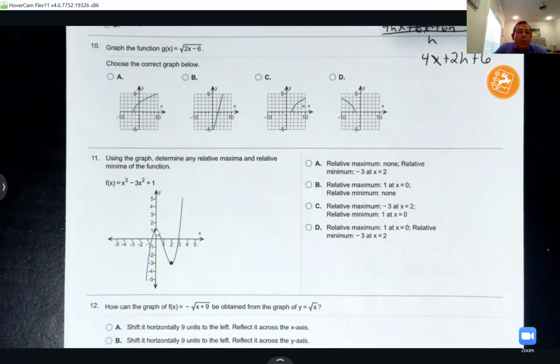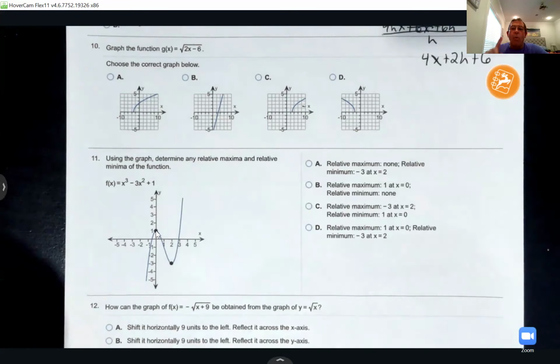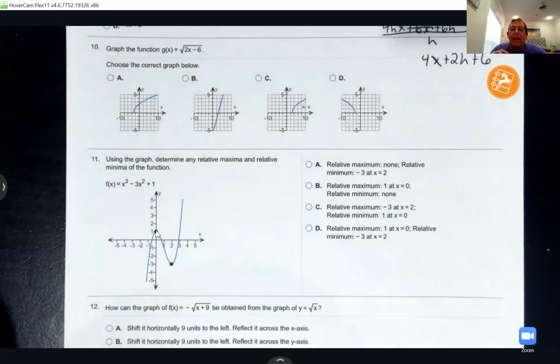Now they're giving me the 2 points. That little mountaintop on the left side is a maximum, and then that little valley on the right side is a minimum. So let's start with the maximum. I got a maximum of 1 at x equals 0.